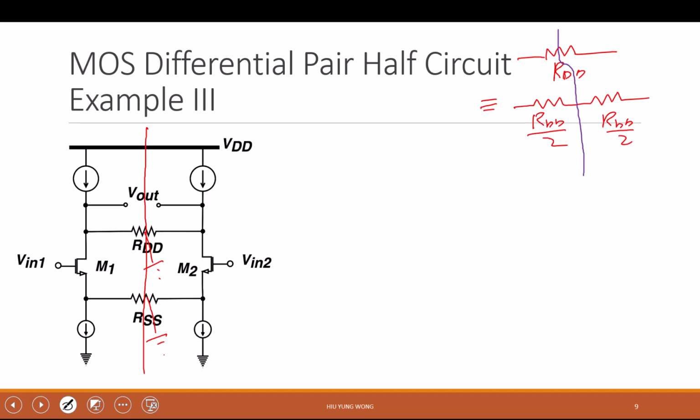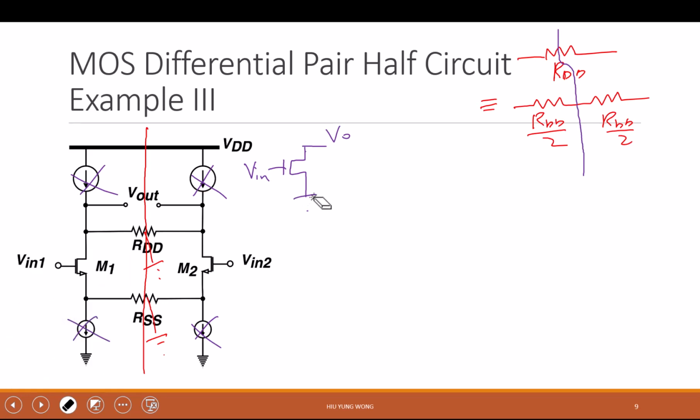Okay, so because of this, then of course I'm going to take off the current source again. They are DC, so they are open in AC, and then just follow it carefully to draw it. We out, we in, and this is not grounded.